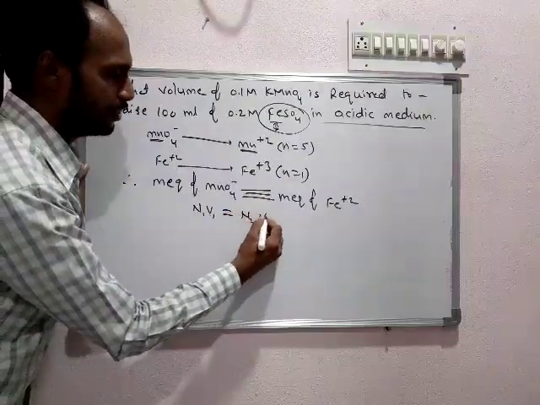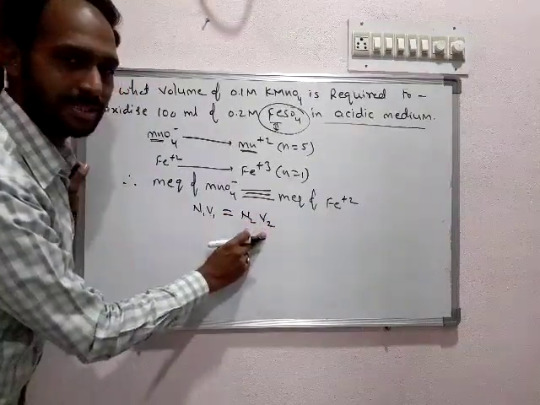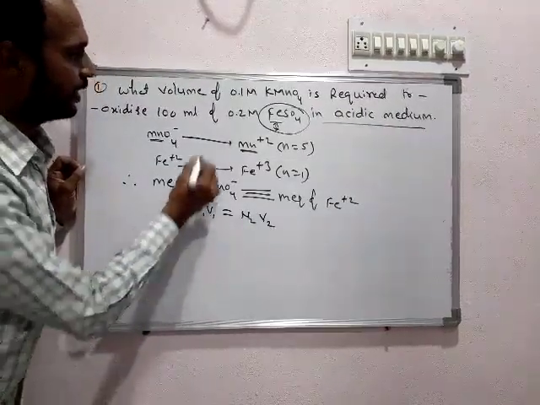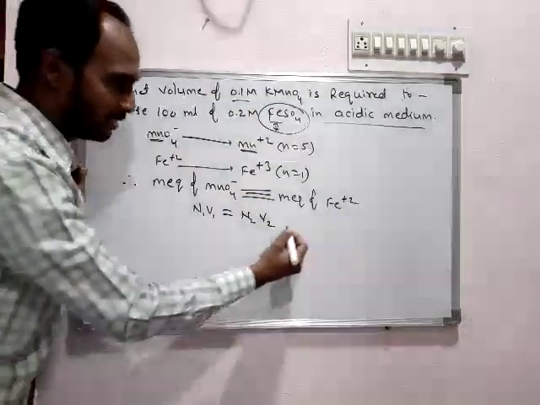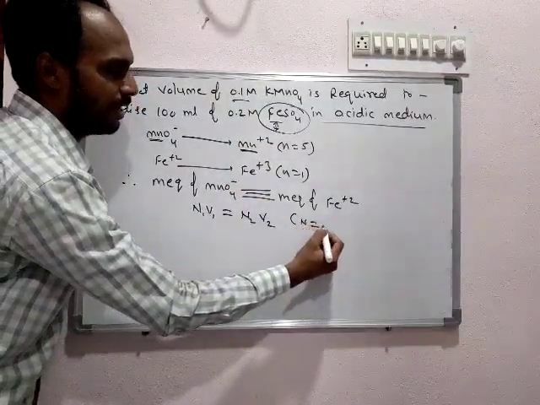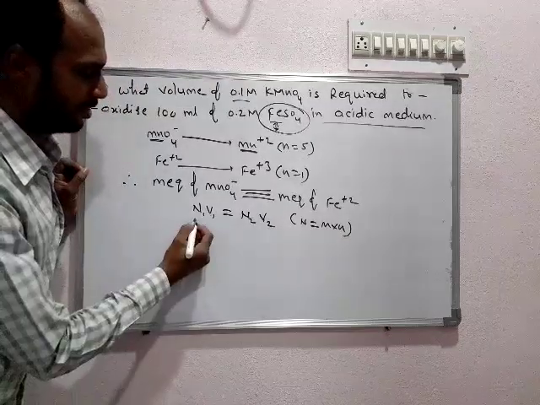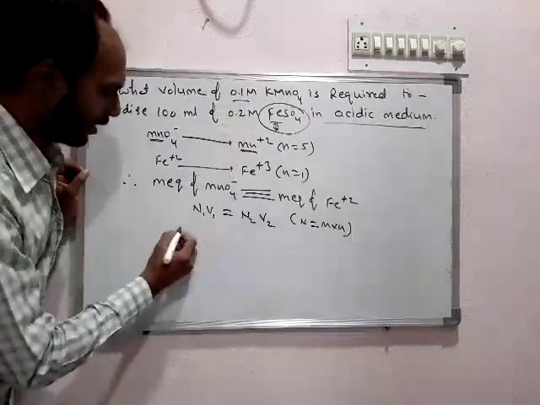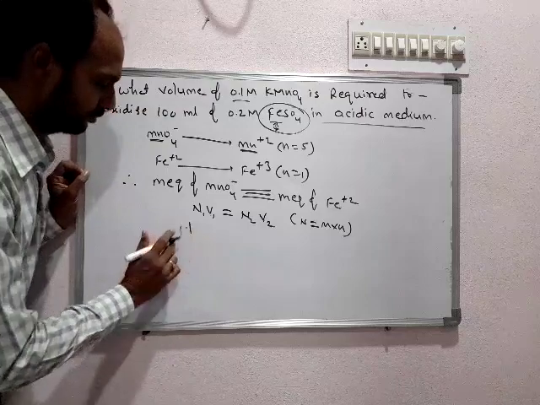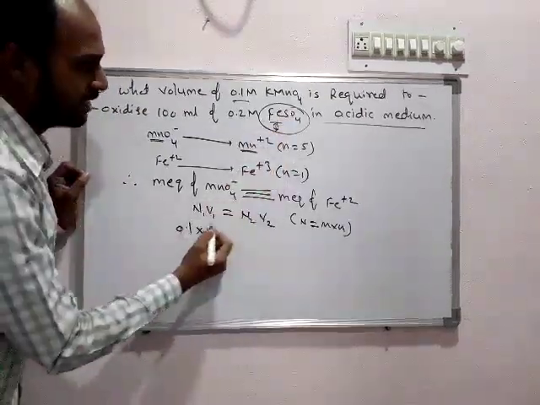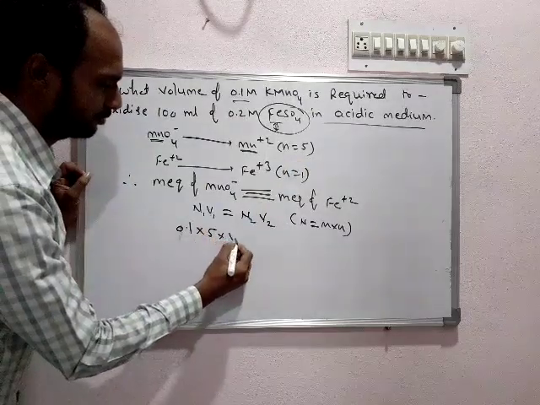So normality into volume in milliliters, that's called milli equivalents. Here it is given in terms of molarity. So normality is equal to molarity into N factor. What is the molarity? 0.1 M. What is the N factor for it? 5.